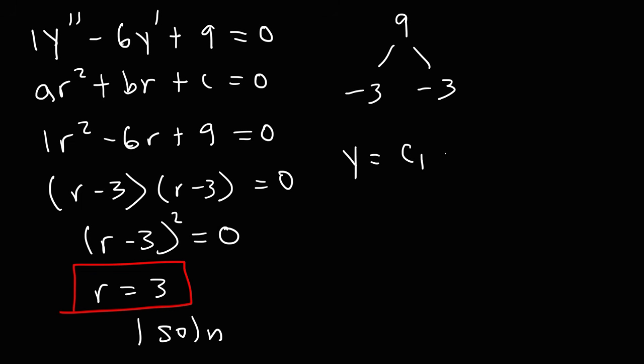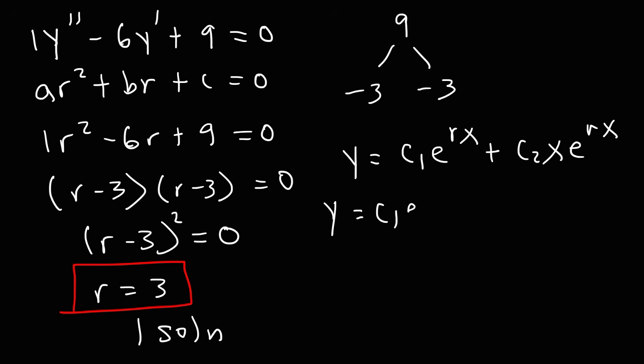This is the formula for it: y = C1 e^(rx) + C2 x e^(rx). Don't forget about this x. I know I've made that mistake in the past. So just remember that it's there. We don't need the subscripts r1 or r2 because there's only one r value here.